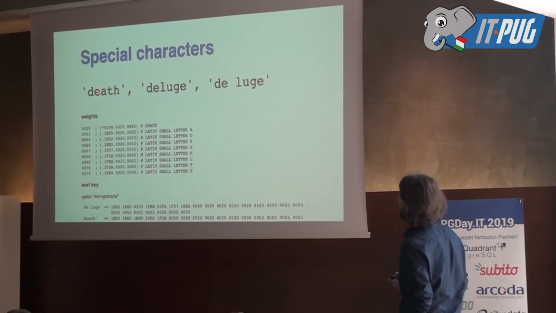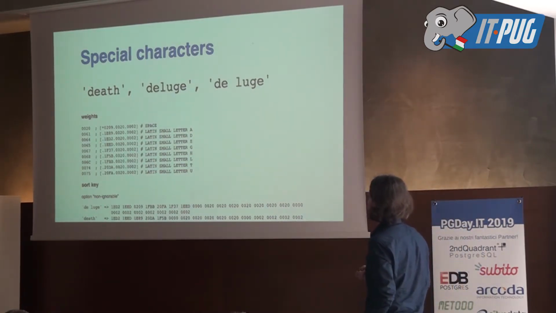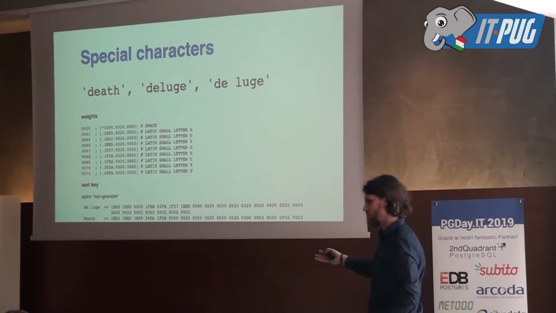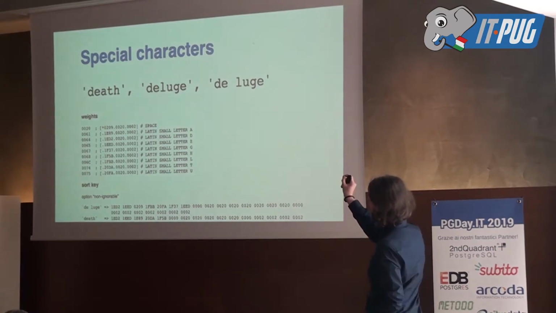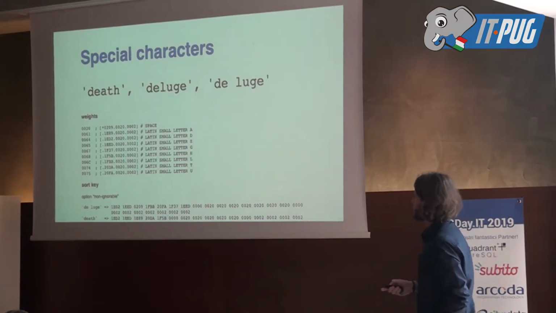So you have first the space, then the A, then the L. So okay, you can do that. This is called non-ignorable. We'll explain that in a moment. You can do that, but that's usually not what you want. You want something that makes these two words closer to each other, right? So that's option one.